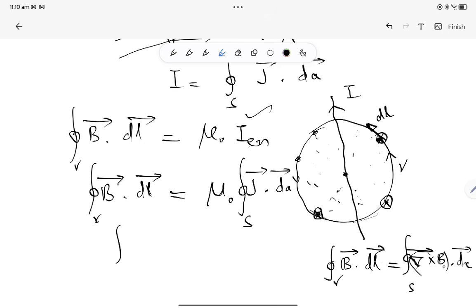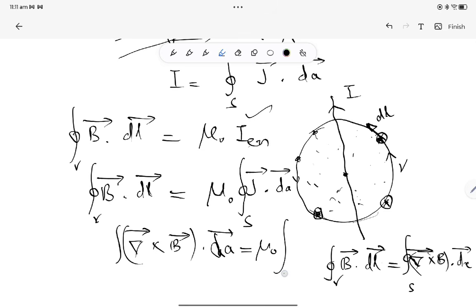Now if I replace this by this side, then I get del cross B dot dA is equal to mu naught, for this, mu naught integral j dot dA, and we can then cancel out these.